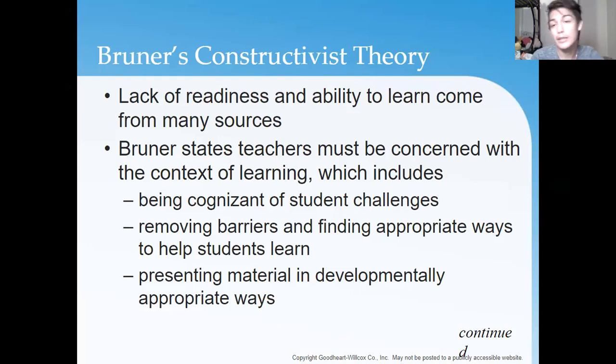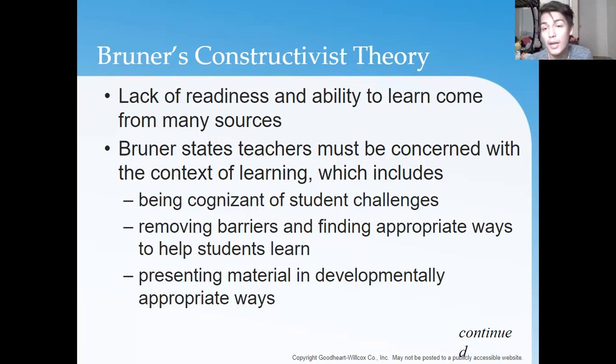Bruner's constructive theory is extended. The lack of readiness and ability to learn come from many sources. So Bruner states teachers must be concerned with the context of learning, which includes being cognizant of students' challenges. So, making sure that you know what students are challenged with and what they go through. Moving forward, it also states that removing barriers and finding appropriate ways to help students learn, presenting material in developmentally appropriate ways.